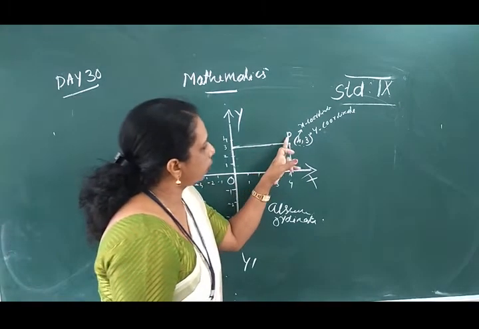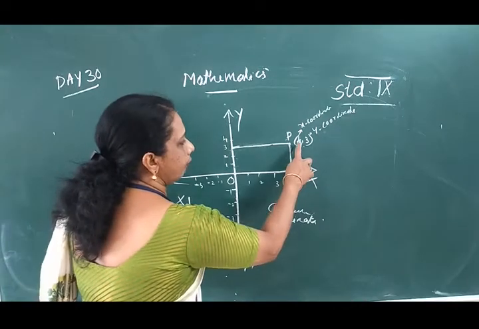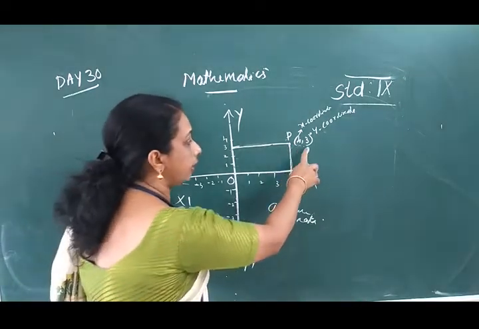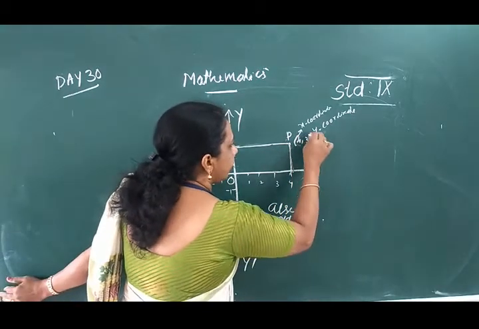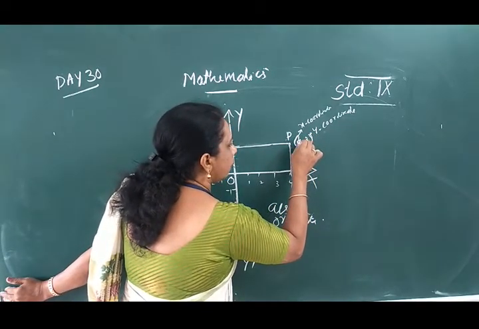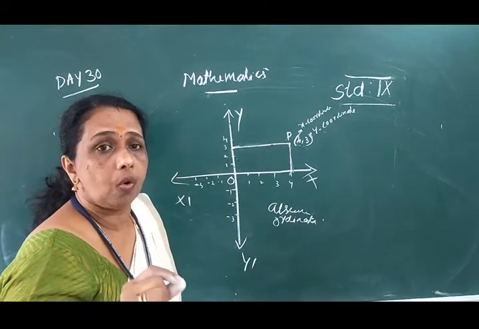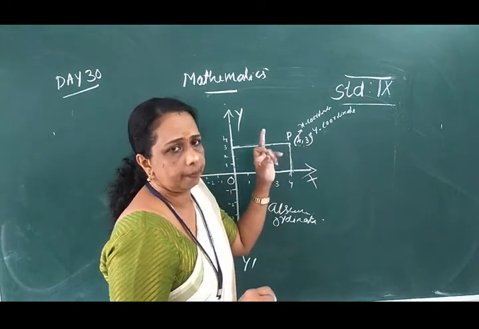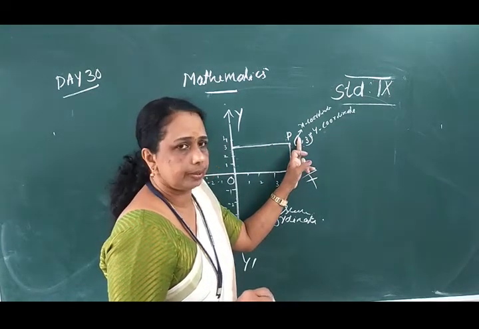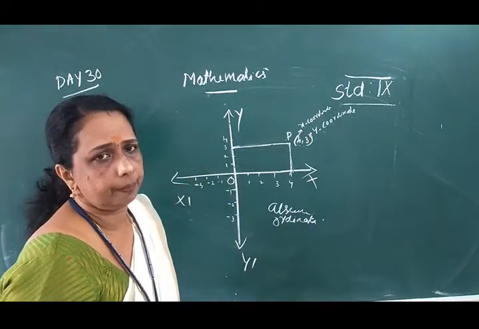The coordinates of P are 4, 3. The first one is the x coordinate and the second one is the y coordinate. You have to put a bracket, and inside the bracket we write the x coordinate and the y coordinate. These are called the coordinates. The coordinates of P are 4, 3. This is the x coordinate or abscissa and this is the y coordinate or ordinate.